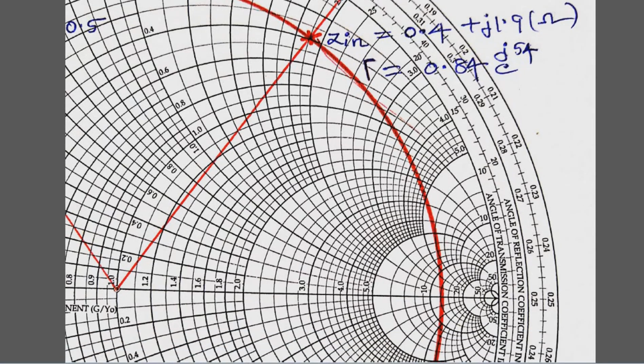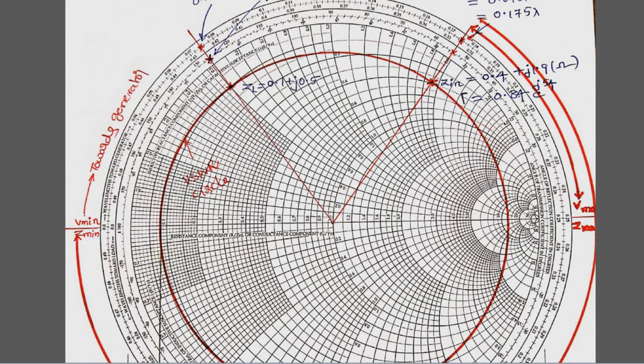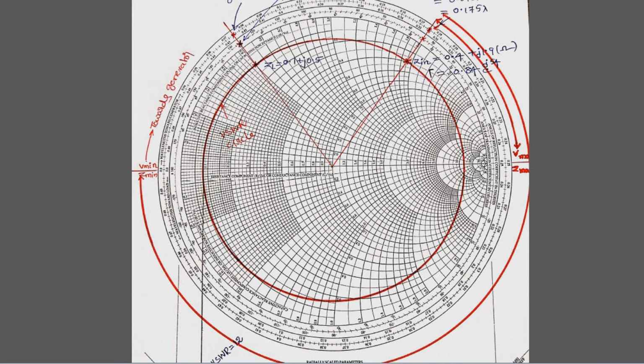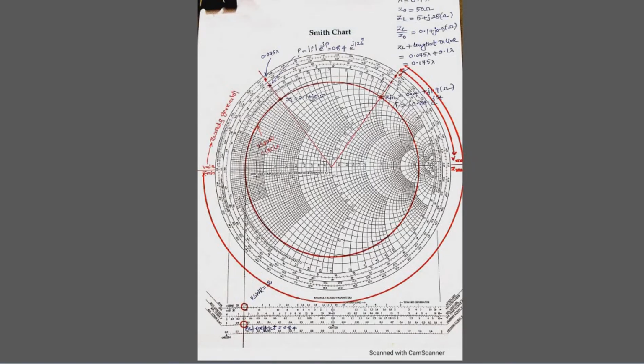Up to this, just a brief on how to use a Smith chart. You have to go with the complete diagram. This is the diagram, not clear for you. Okay, see this. First what we have done, we marked this ZL. Then we drew the circle from the origin, the VSWR circle, extended VSWR and reflection coefficient. The reflection coefficient angle and reflection coefficient wavelength were found.